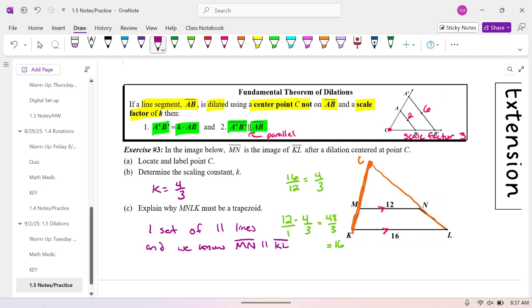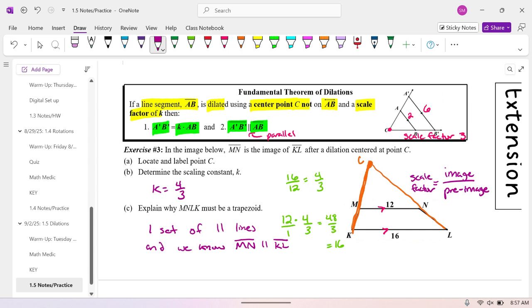So again, if it ever asks you to find the scale factor, just do whatever the image is divided by the pre-image, and that will give you your scale factor. All right, any questions on any of this? Why did you multiply the 12 over 1 and the 4 over 3?